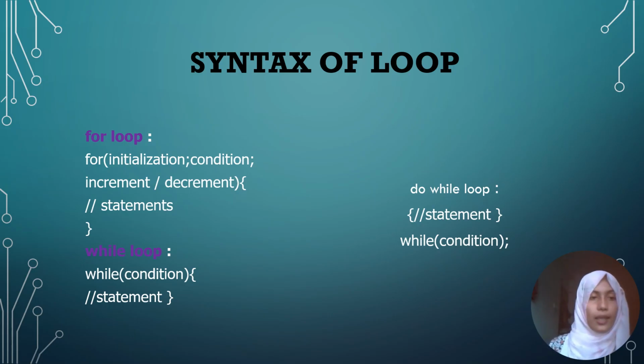It runs repeatedly as long as the condition is true. Then third, do while loop: at first the statement will work, and then it checks the condition in the while part. If the condition is true, then the statement will work again.